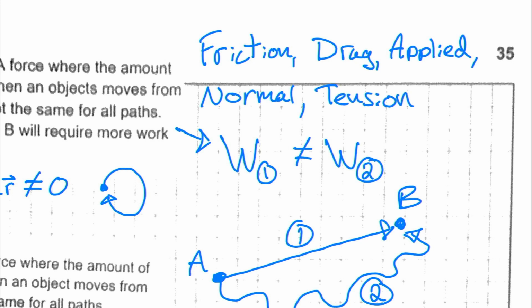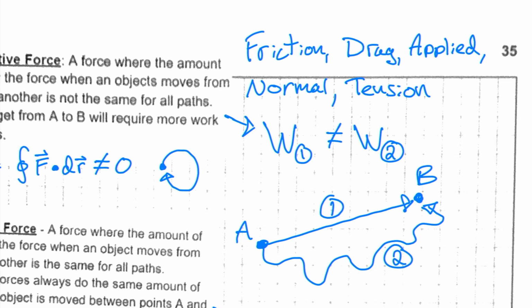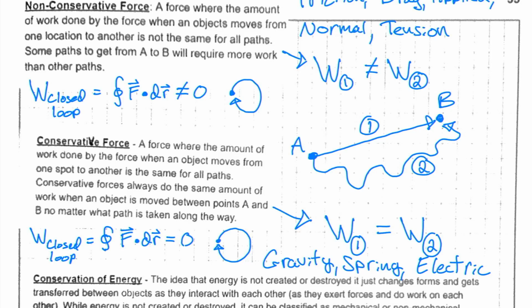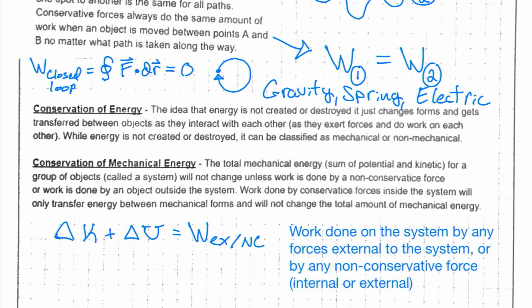Now, just because a non-conservative force is present doesn't mean that it necessarily does work. But if it does work, the work will depend on the path that it takes. Same thing with conservative forces. Just because they're present doesn't mean that they do work, but if they do work, it will be independent of the path taken.